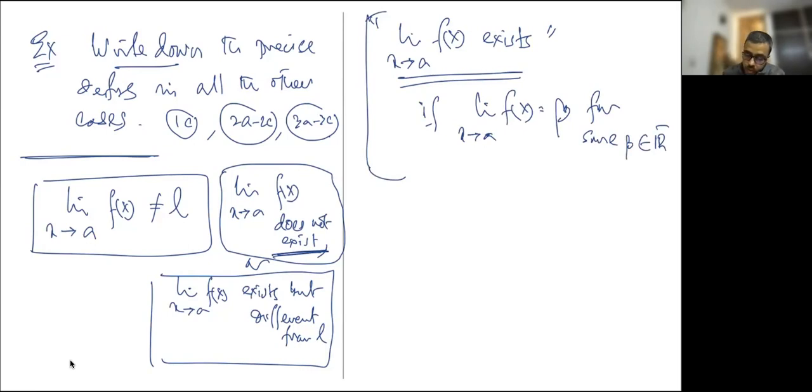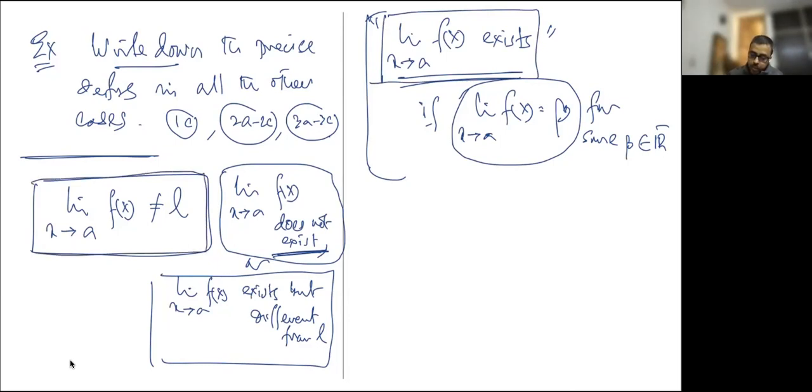What I had defined, only one case, but the remaining cases one has to write down, is a statement like this. Now, if that happens for some beta, then you simply say that the limit exists without specifying the value. Now, what I'm saying here is that when one writes such a statement, not equal to L, it can mean one of these two things. Either this does not exist at all, or this exists but is different from L.